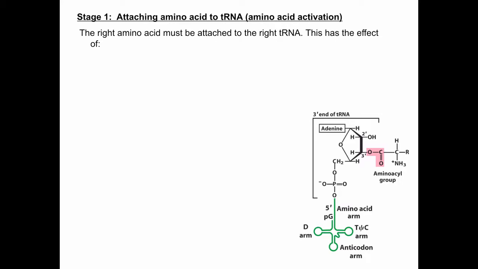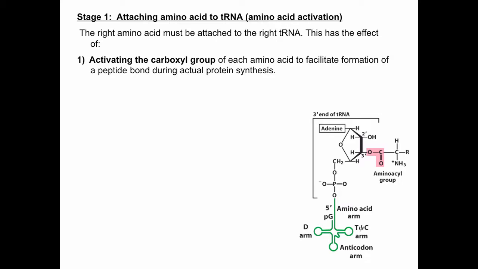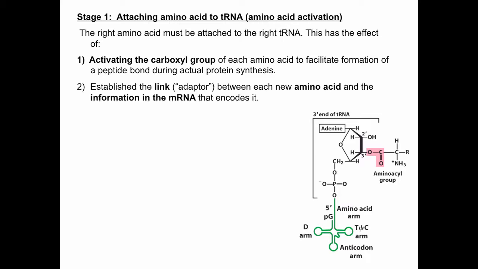The importance of covalently attaching the amino acid to the tRNA is that it activates the carboxyl group, so that when we get to protein translation, making a polypeptide, it helps facilitate the formation of a peptide bond during protein synthesis.